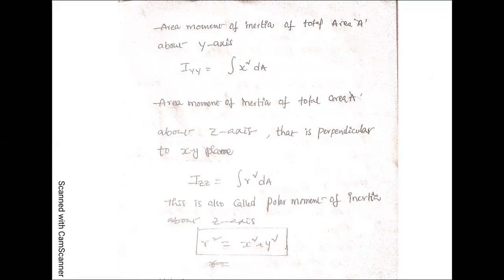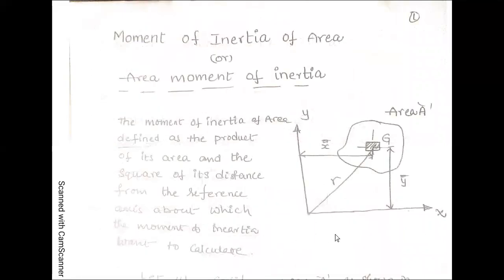Right? So this is the moment of inertia concept. Quickly recall it. This is an element area dA. This element is located y distance from the x-axis, x distance from the y-axis, and r distance from the z-axis.